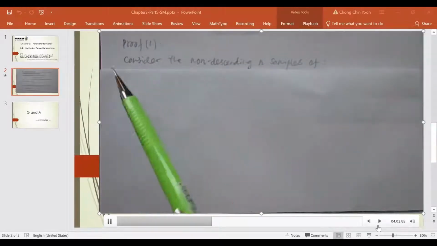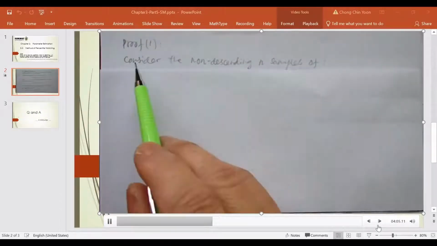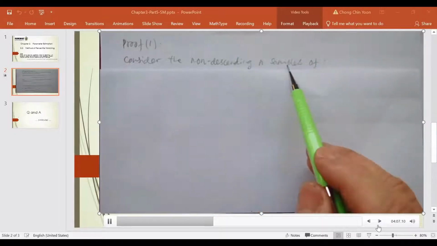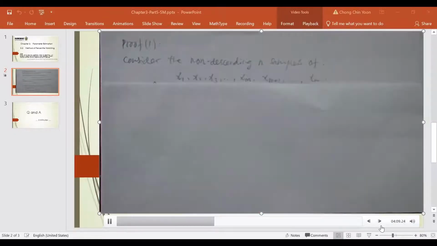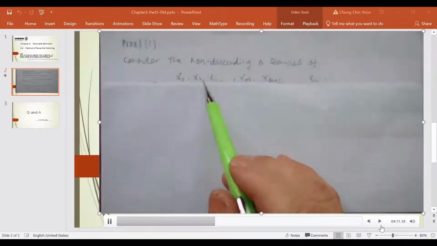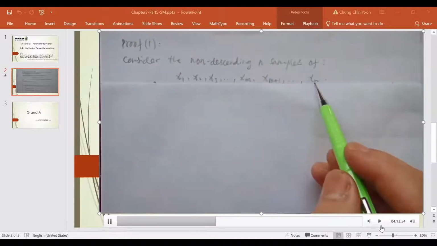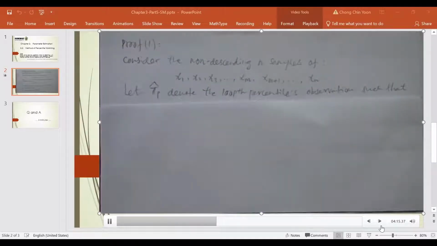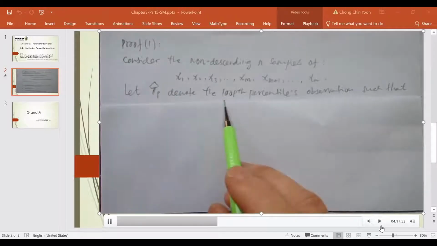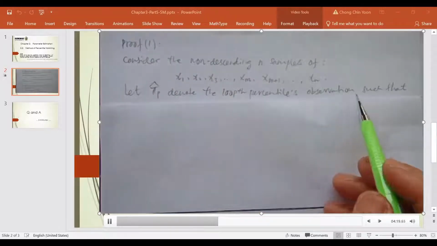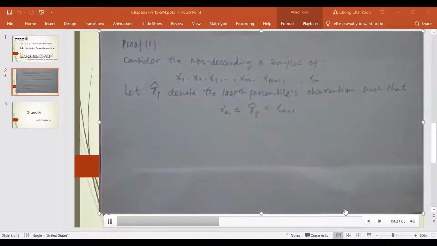Let's look at the proof of result 1. Consider the non-descending n samples as follows, that is x1, x2, x3 until xn. Let the pi p hat denote the 100p percentile observation such that this inequality holds.